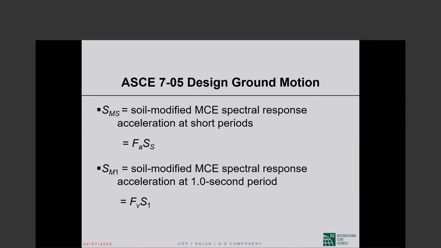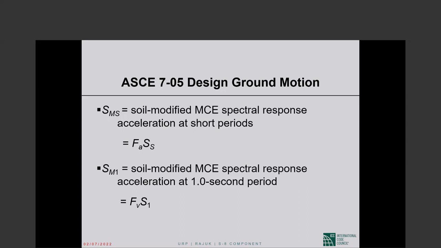We determine F sub A. So at the beginning of the seismic design, we have to determine our site class, and then we figure out S sub S and S sub 1 by going to typically USGS maps.